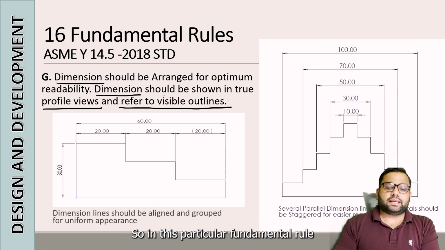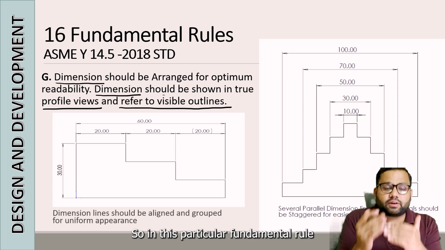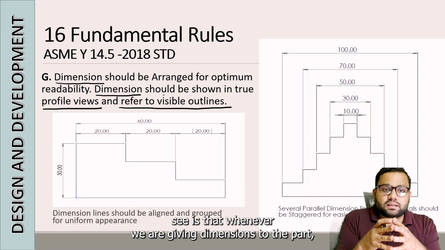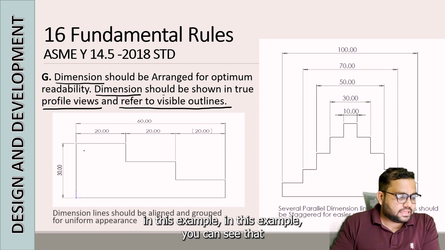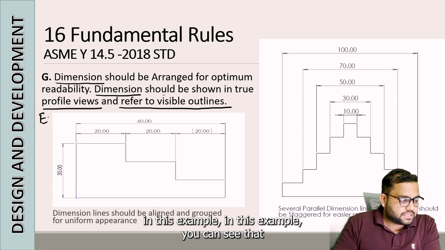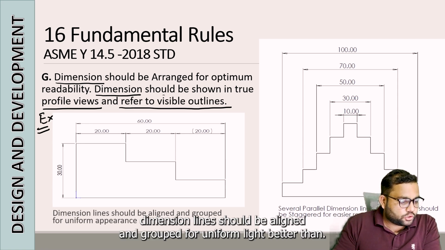This particular fundamental rule says that whenever we are giving dimensions to the part, we have to align them in such a manner that, as in this example, the dimension lines are aligned and grouped for uniform appearance.